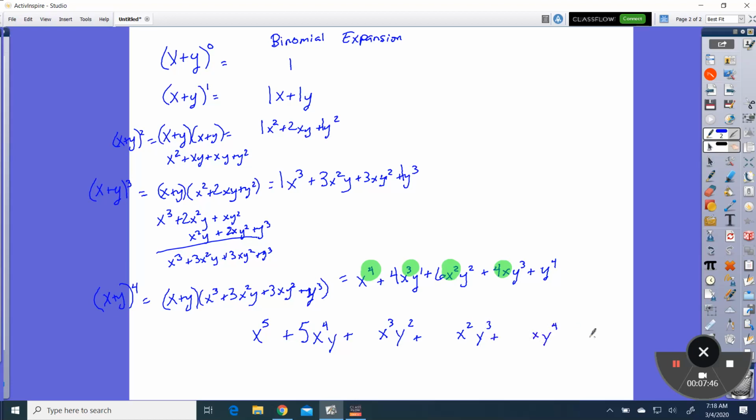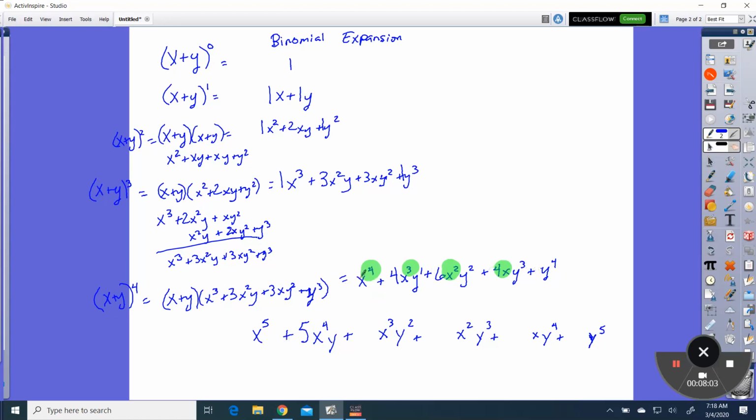Power on the y's has gone up until there are no more x's. So there's no y's to begin with and no x's to end with.